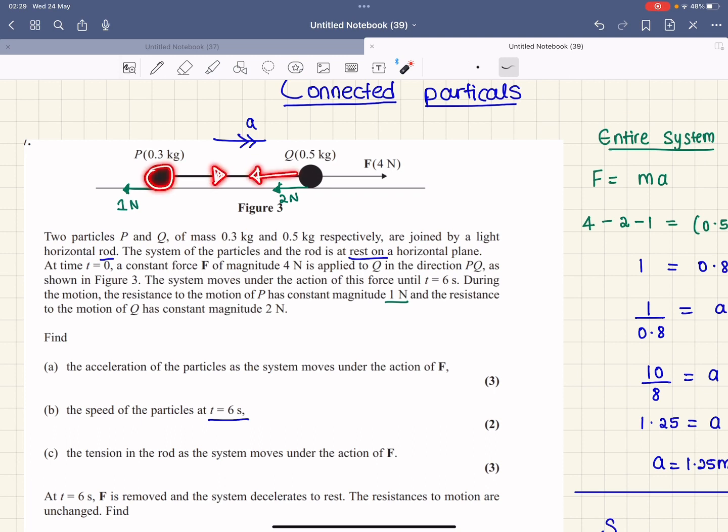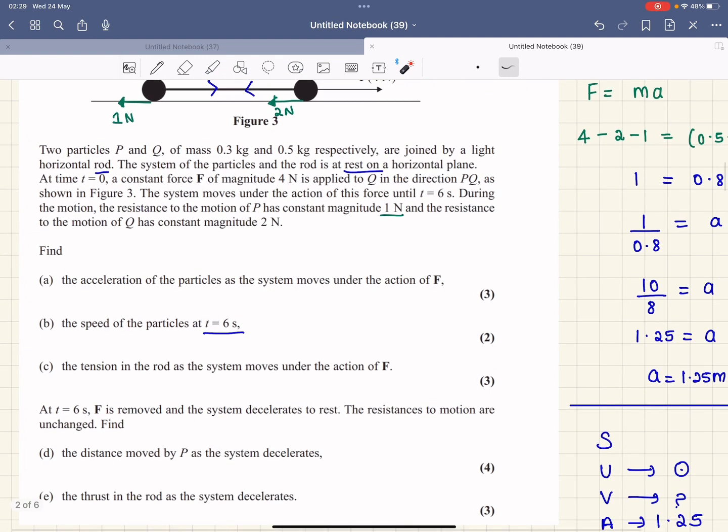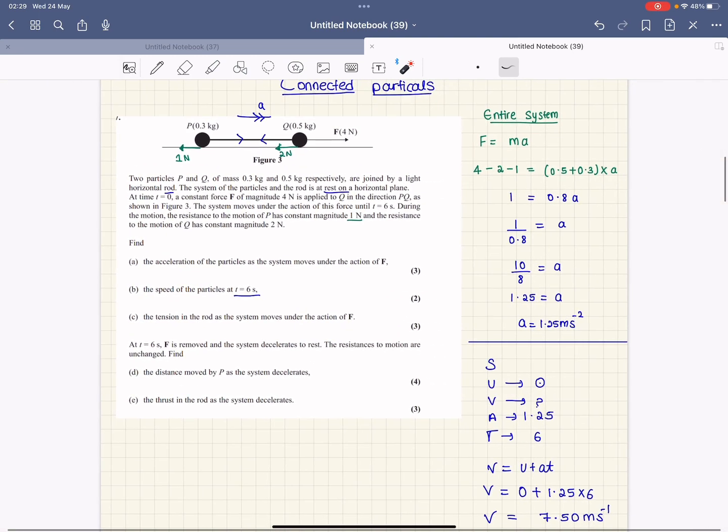So tension is always inwards, and we'll look at part D or part E which is about thrust. So thrust is opposite to tension.